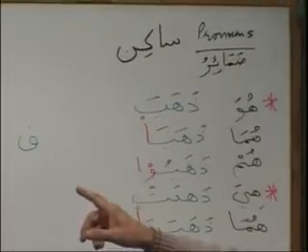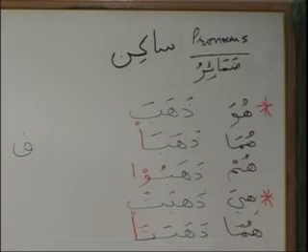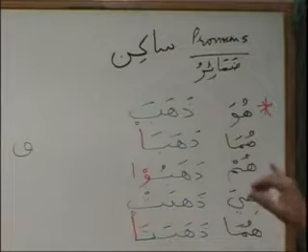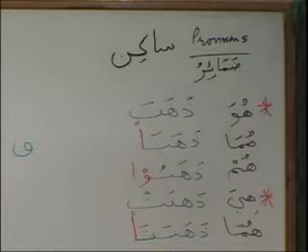So that is why you can see, starting from hunna, it is zahab, zahab, zahab, zahab, zahab, zahab. Here it is zahaba, zahaba, zahabu. Are you with me? This thing is very, very important to remember.